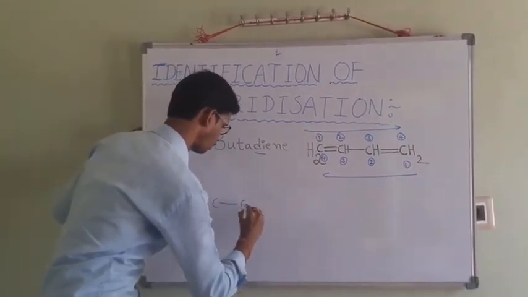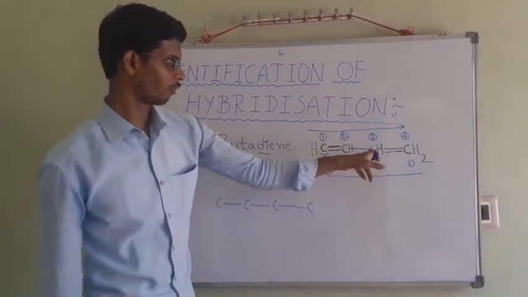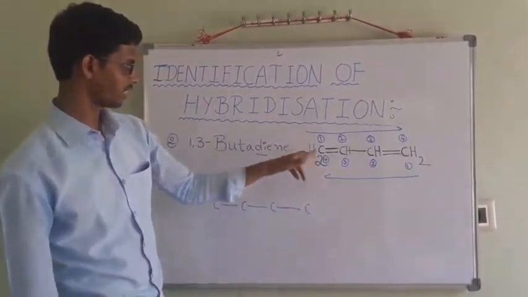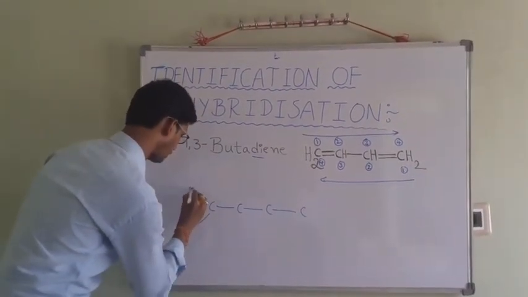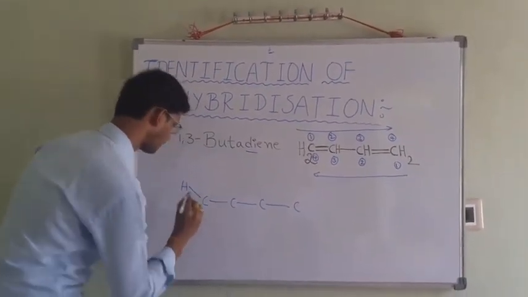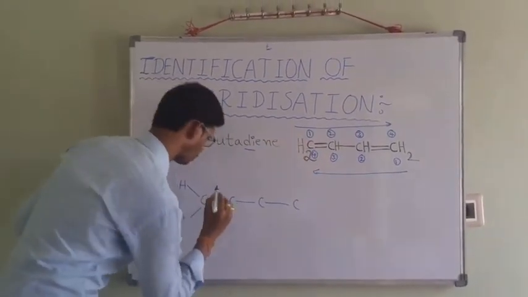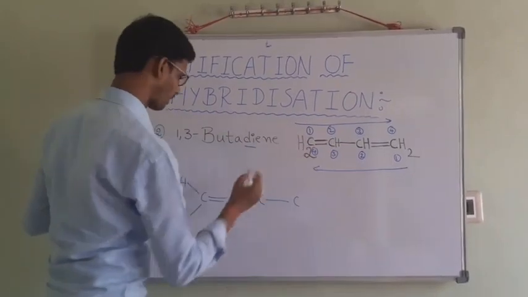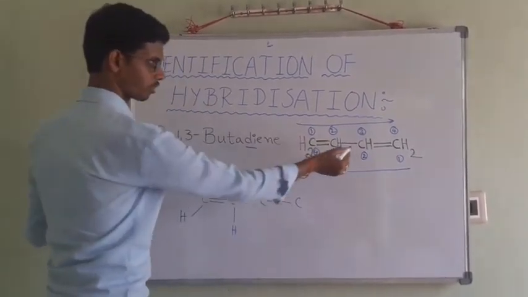1, 2, 3, 4. These are the 4 carbon atoms. Let us write 2 hydrogens. These are the 2 hydrogens. Next, write the double bond as it is. Double bond. Next, the third carbon has only 1 hydrogen.